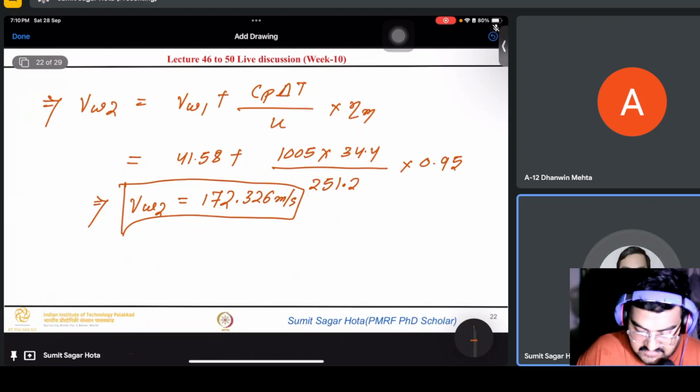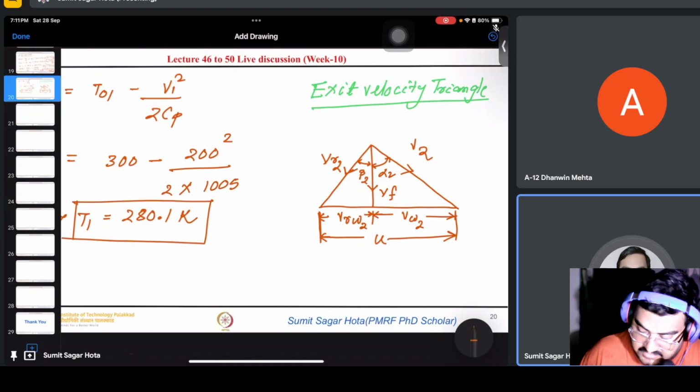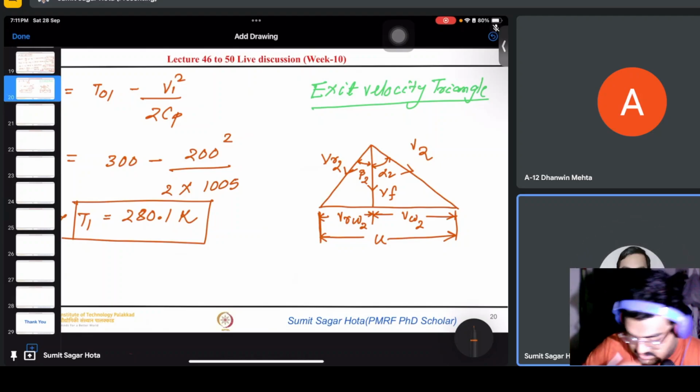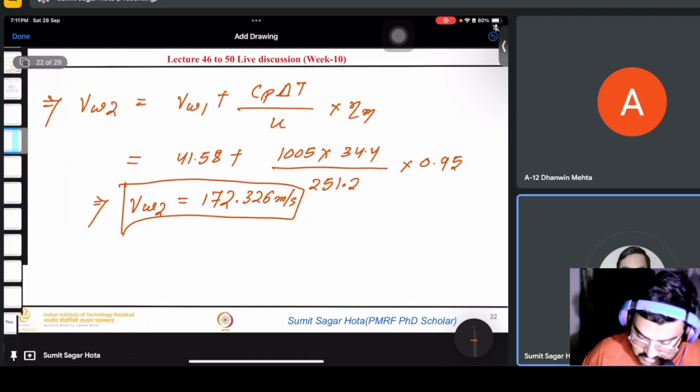Now we have Vw2, and we know U is always same for either exit or inlet. Everywhere this U value is always going to be same. So in the velocity triangle, now we have Vw2 and U is already known, then we can find out Vrw2, just need to subtract.